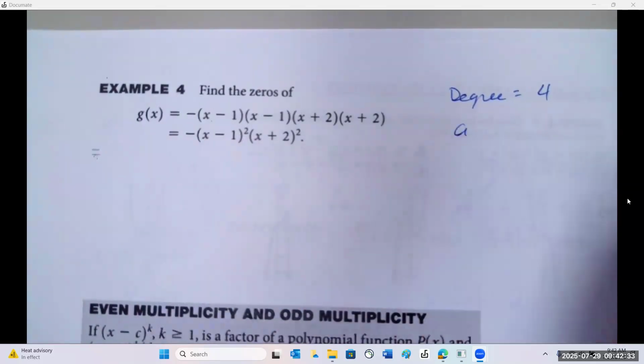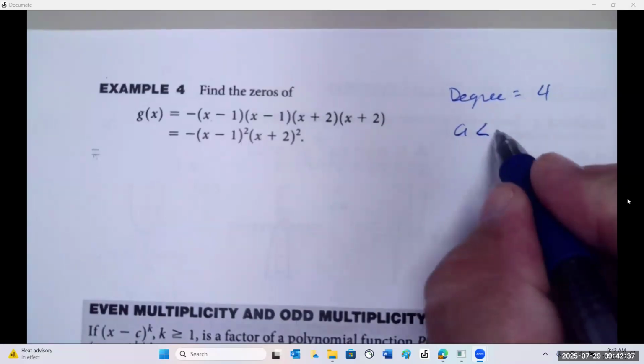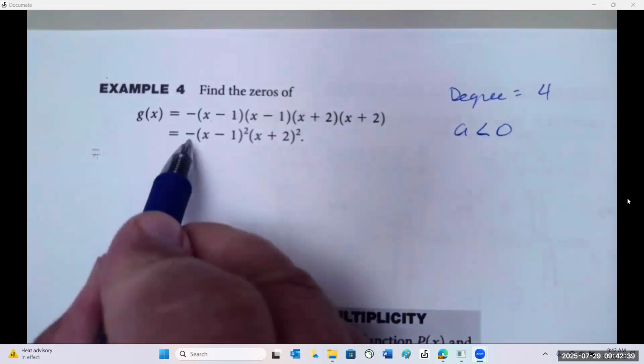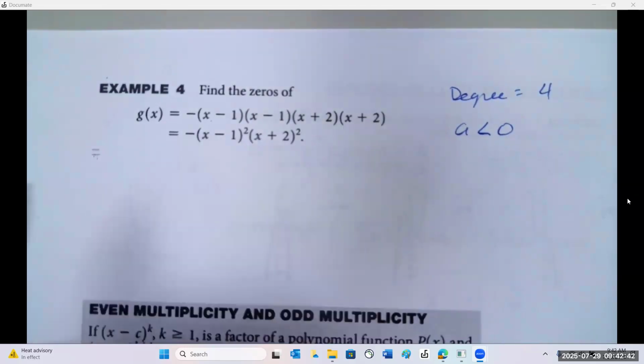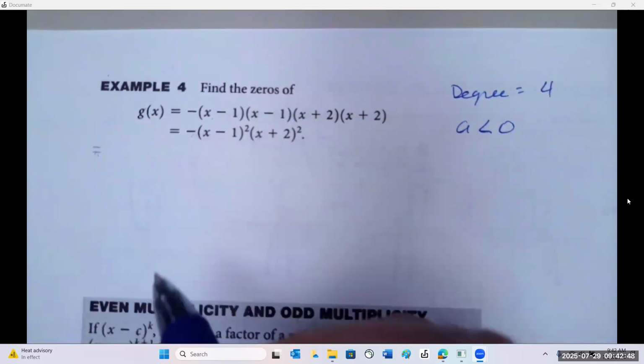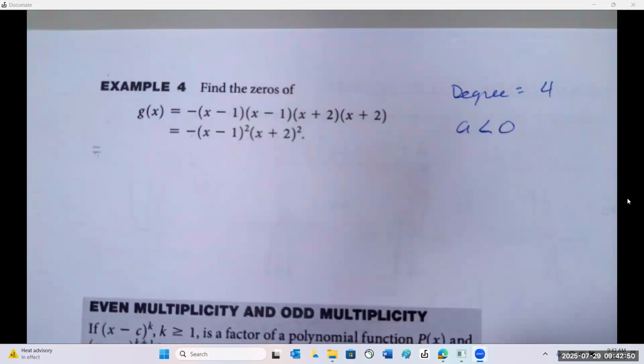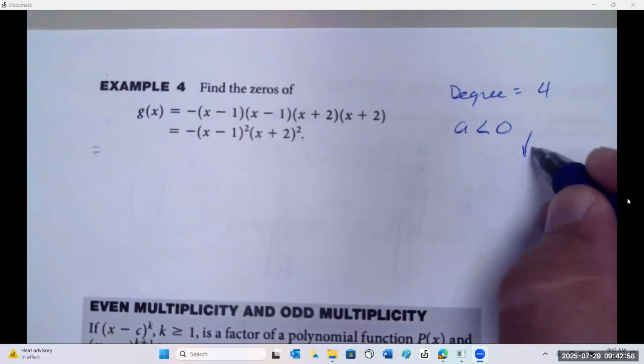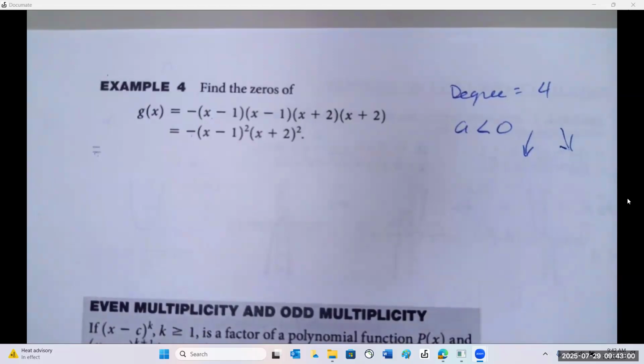Is A positive or negative? Negative. There's a negative right there. Because the x's are positive, that's good, but the negative here makes it negative. So what does that tell us about our graph? They both go the same direction, they both go down.